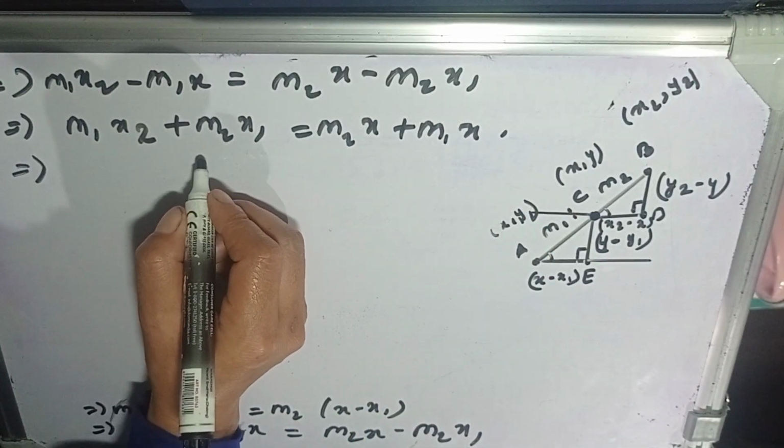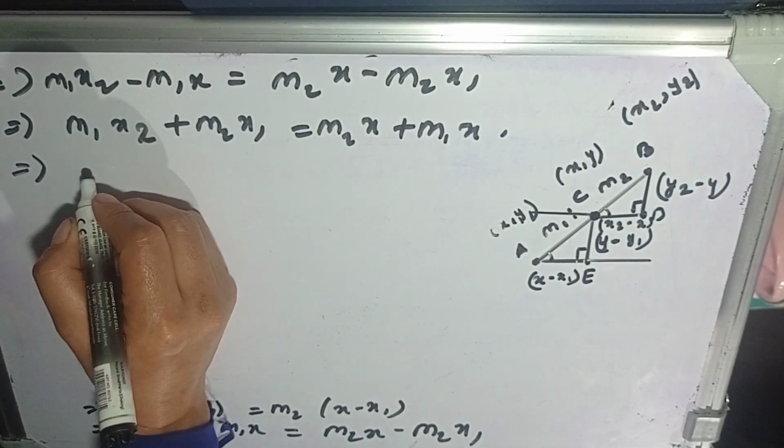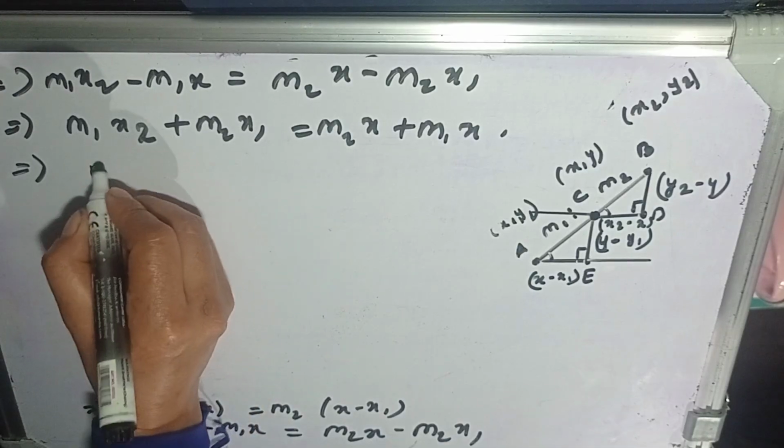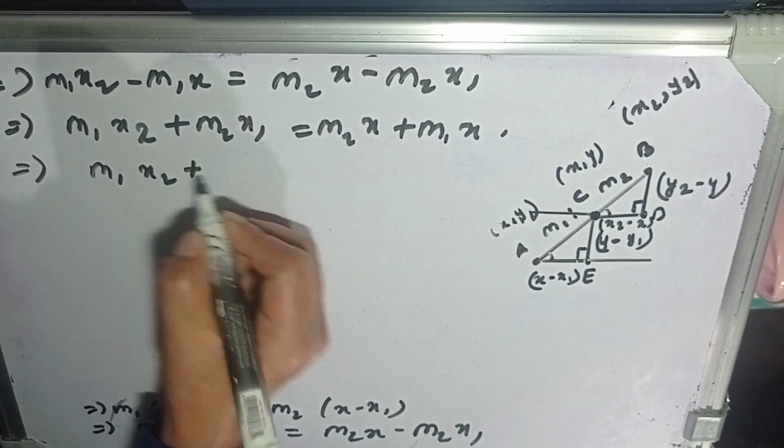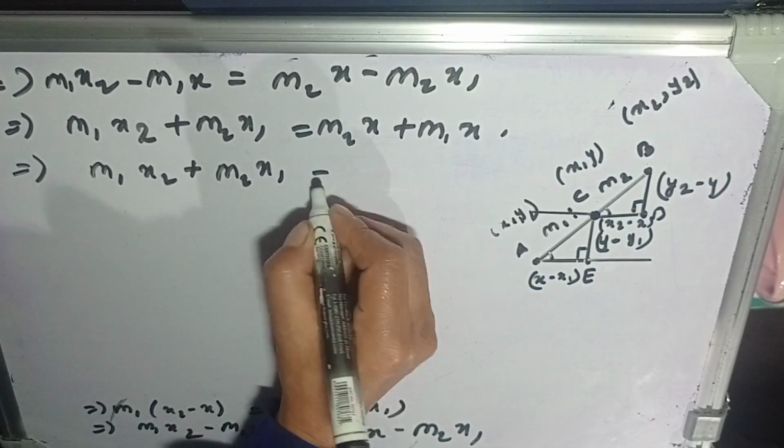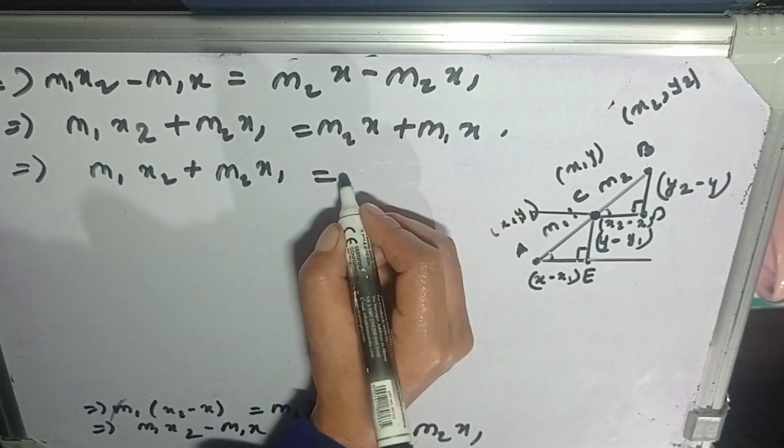So here what we'll get, we don't see any common term here. We'll write like this, m1 x2 plus m2 x1, and we'll find common x, isn't it?